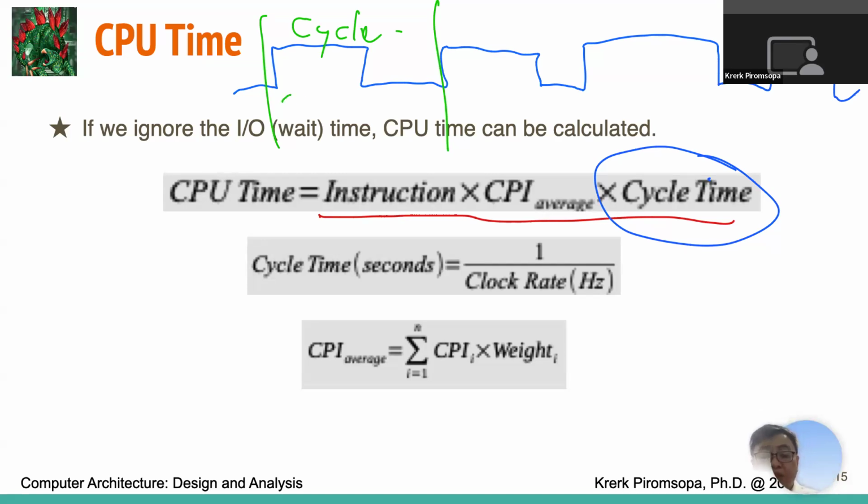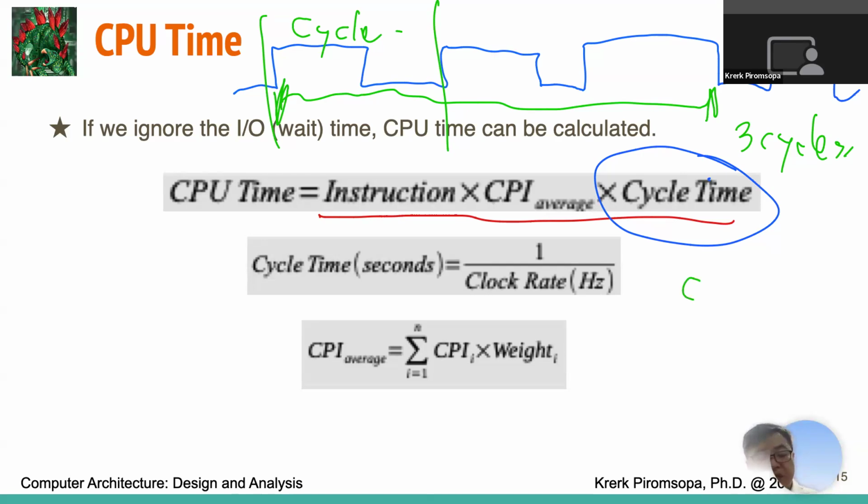Some instruction may need 3 cycles, like this. This is 3 cycles. So if it takes these 3 cycles to perform an instruction, we would say CPI is 3, meaning it takes 3 cycles per instruction.